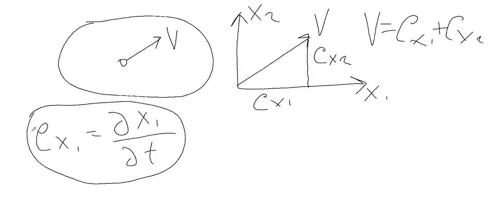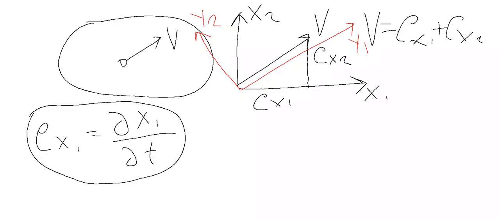x1 component. And now suppose we have a different coordinate system which is at an angle to this coordinate system. Let's call it y, with y1 axis and y2 axis.